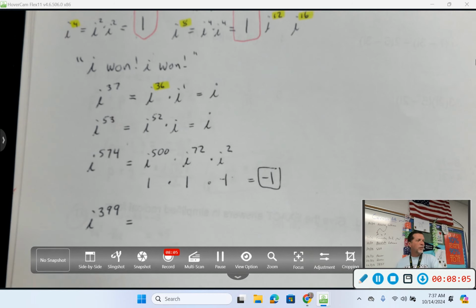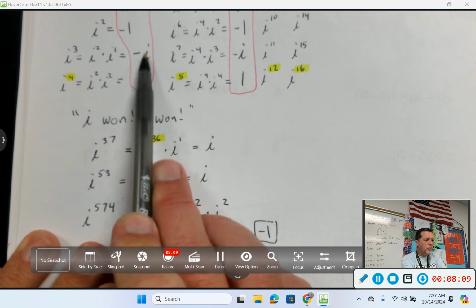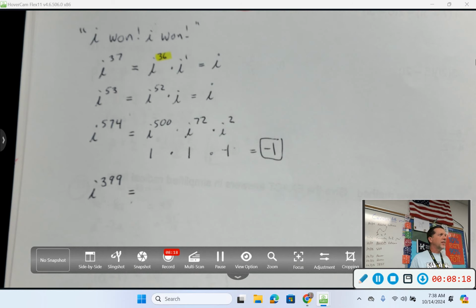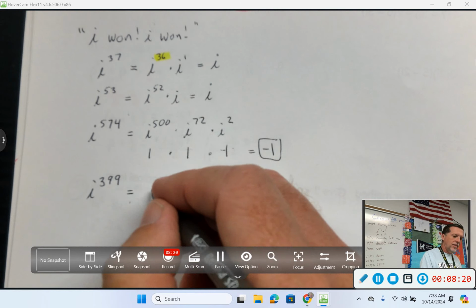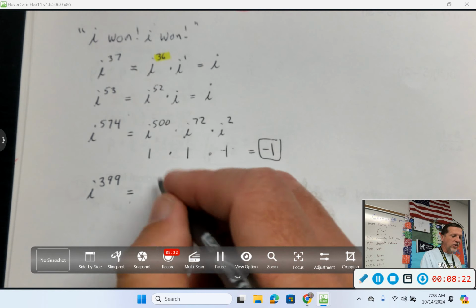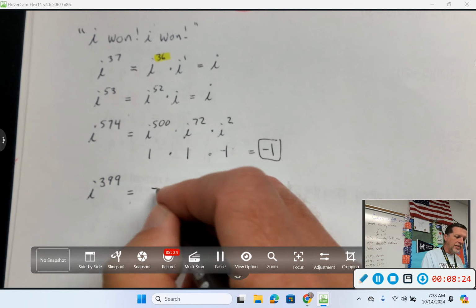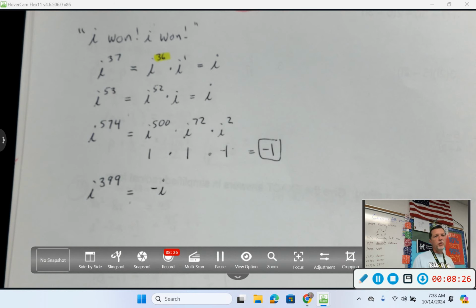Because 400 is a multiple of 4. So you could go sort of back up 1 from there. Usually we move forward, but if you're close to a multiple of 4, it might be easier to move backwards. It's going to be negative i, because you're 1 short of i to the 400.